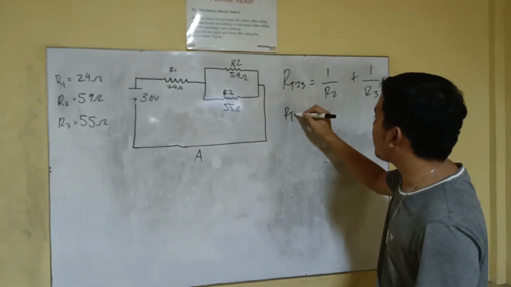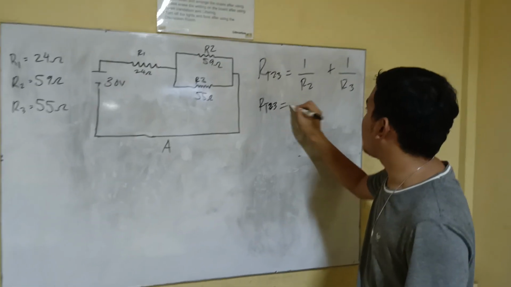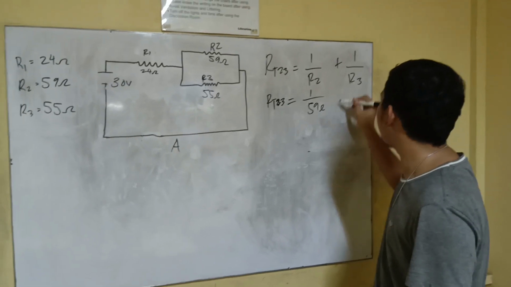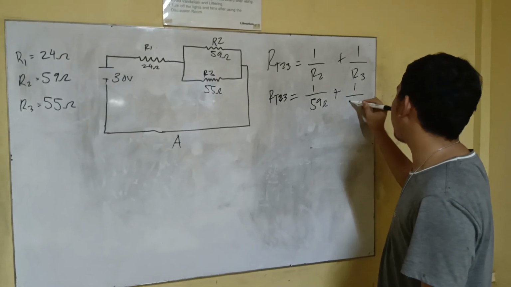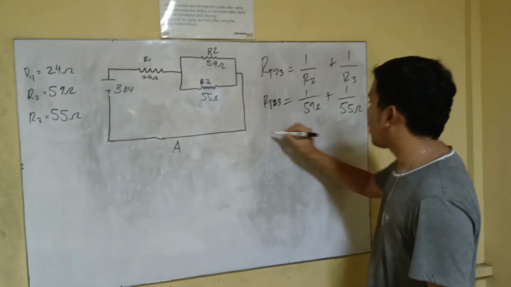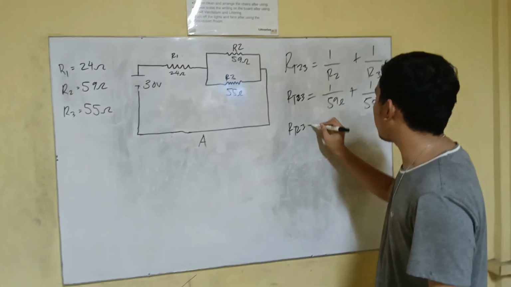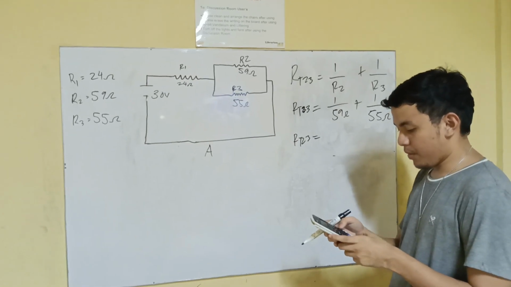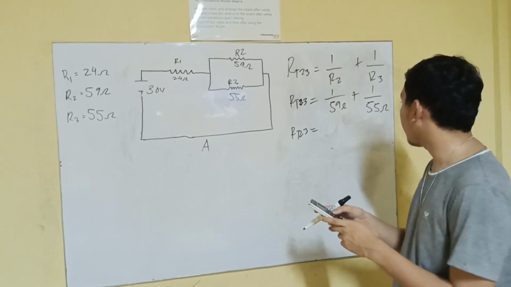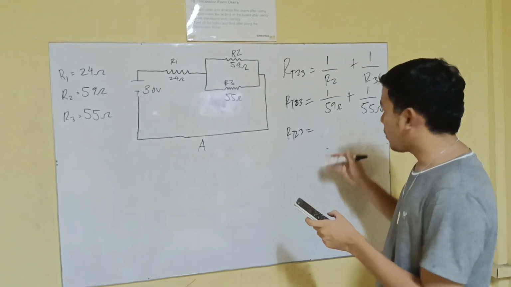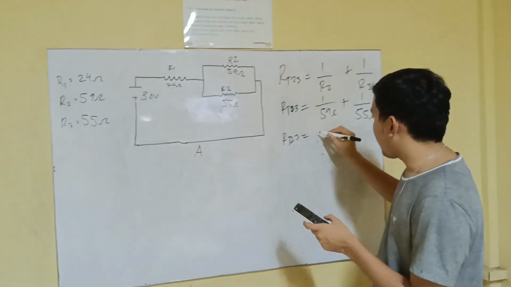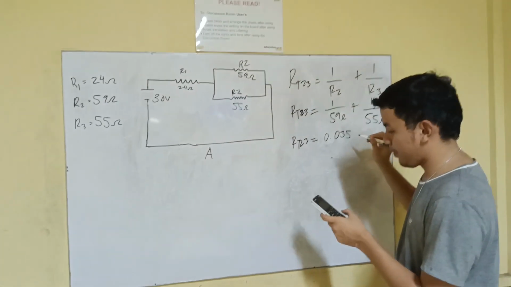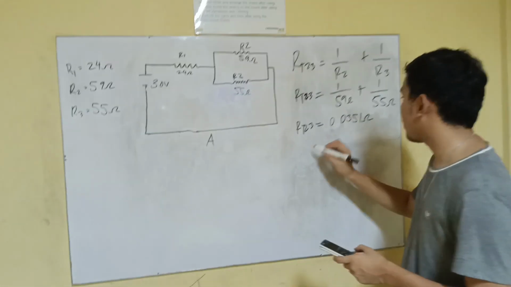We distribute these values: R2 is 59 ohms and R3 is 55 ohms. So the total of 2 and 3 is 0.0351 ohms.